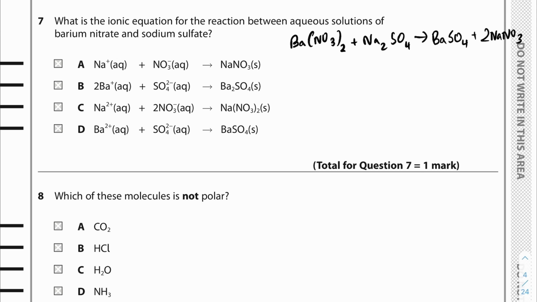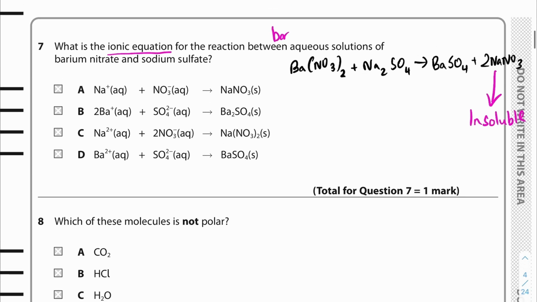Now this is barium nitrate plus sodium sulfate. From memory, we need to remember that sodium nitrate is actually soluble, right? So the ionic equation in this case has to be between the barium ions and sulfate ions.